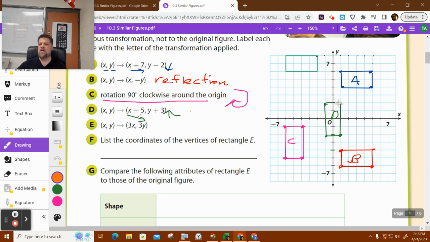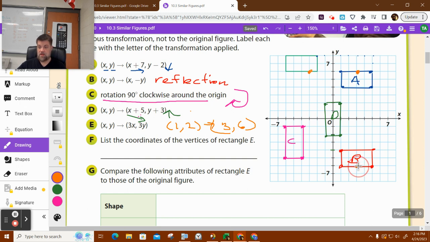So this point here is 1, 2. So I'm going to multiply both of those by 3, so I get 3, 6. So when I do that, if I go over 1, 2, 3, then I'm going to go up 6. I'll have a point here. I'll have another one here if I do all these images.